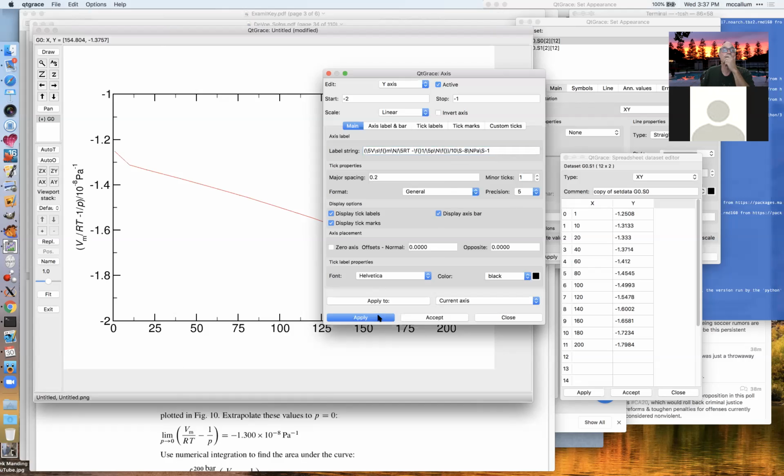All right. So that's the label axis for the Y. The X is much easier, right? The X is just P/10 to the superscript 5, and actually 5.